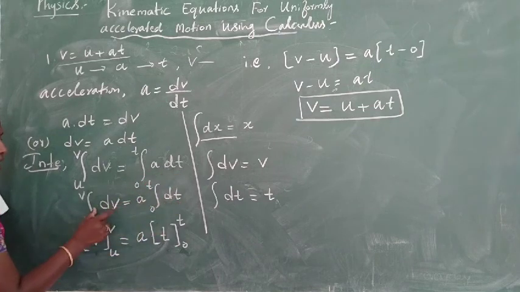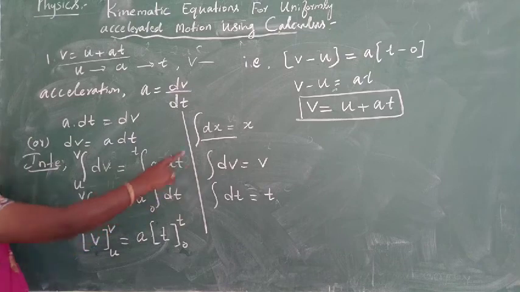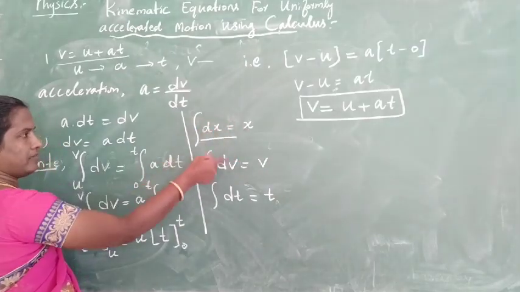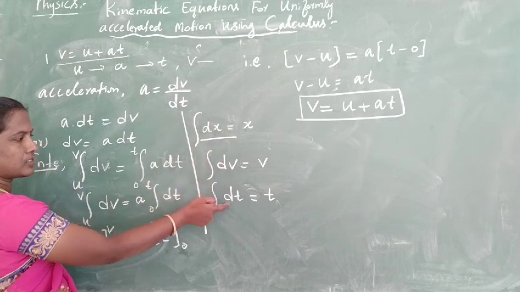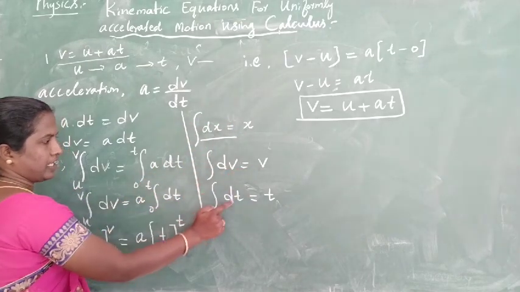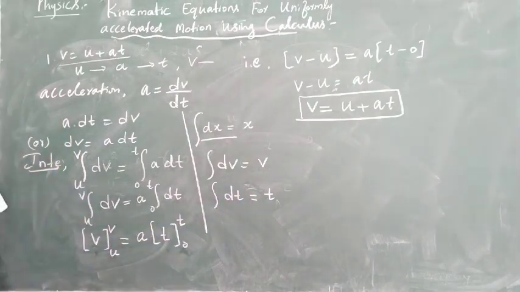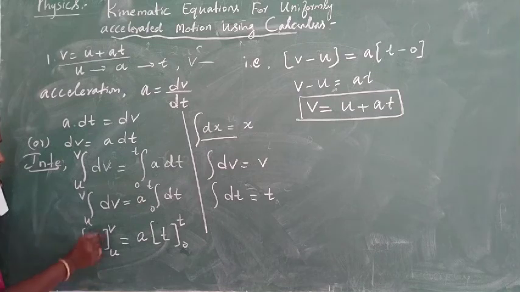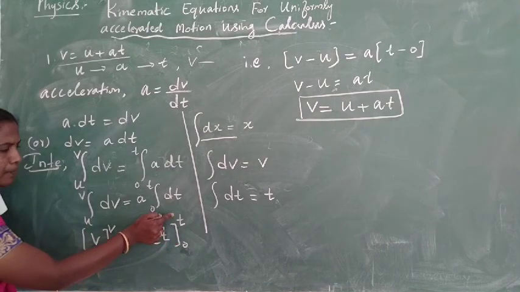Here we are applying the basic formula for integration. The integral of dx will give the x value. If we apply this condition on these two terms, the integration of dv will give v, and the integration of dt will give the t value. So we can rewrite this as a times t, from the lower limit to the upper limit on both sides.